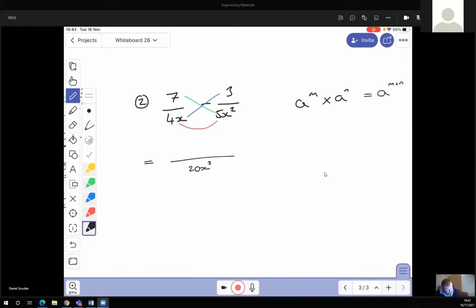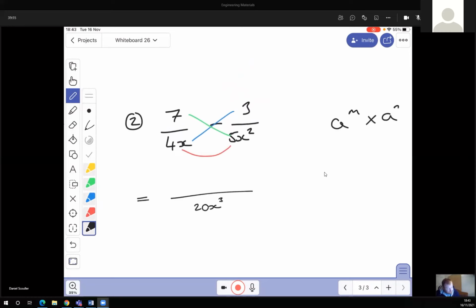Then we're getting 7 times 5, which is 35x squared, and then minus 12x.